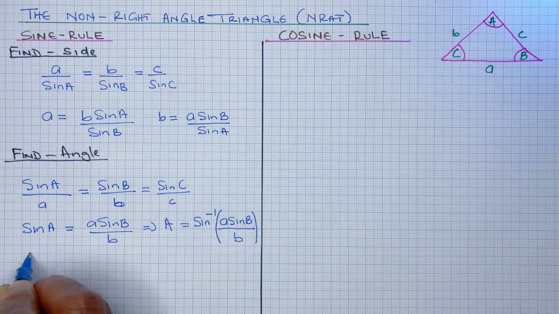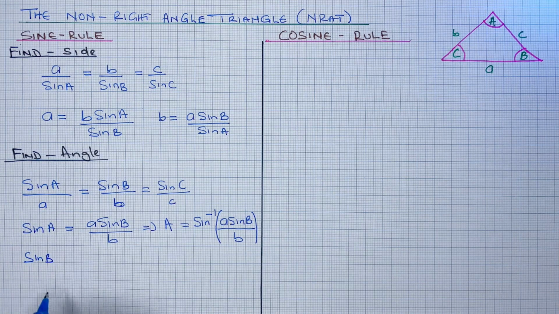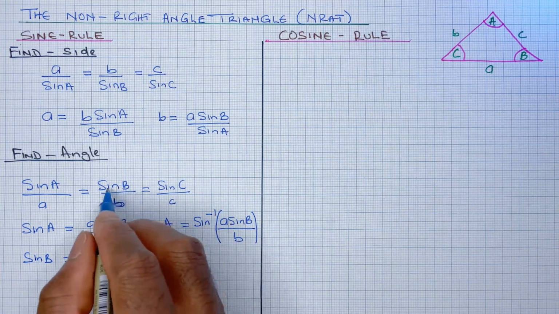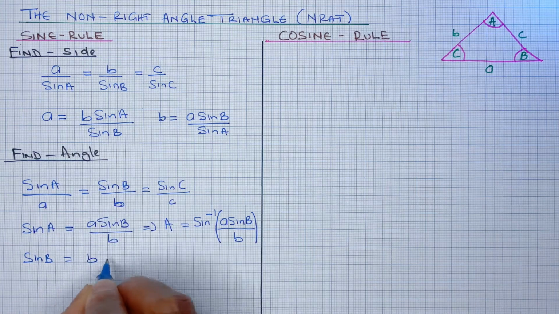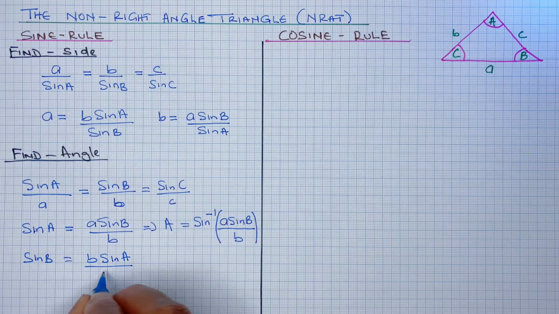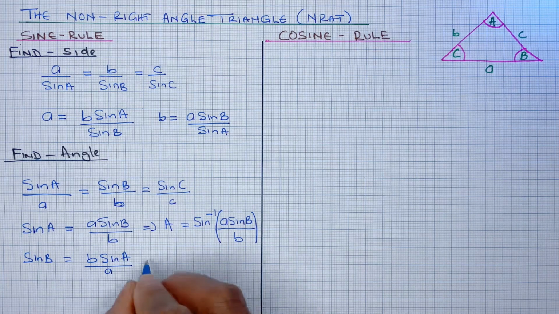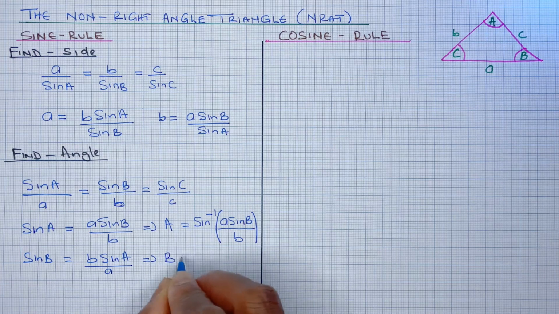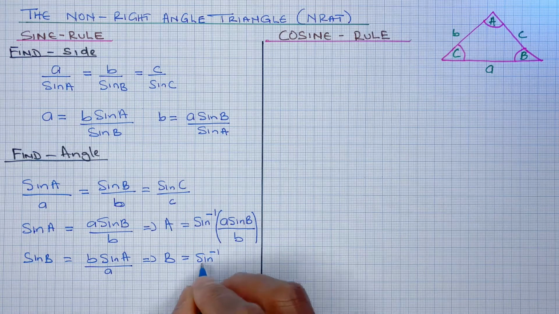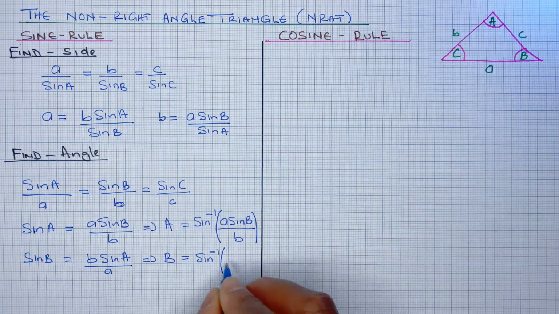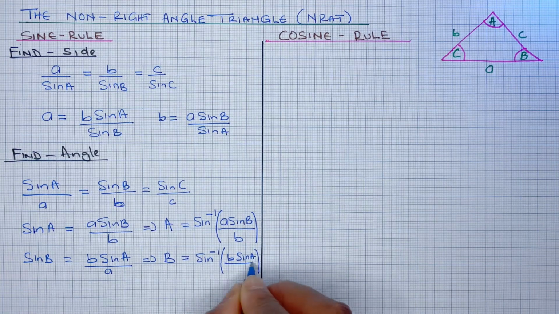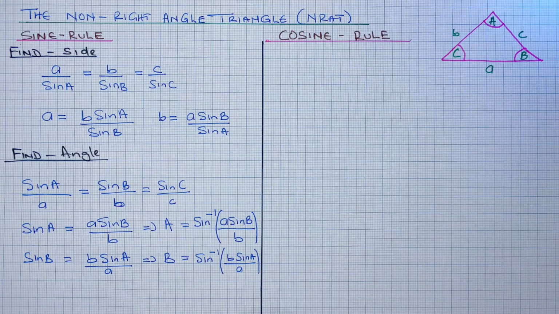So sine B will be equal to b sine A over little a, and that implies B will be equal to shift sine, that means inverse sine, of b sine A over little a. And that's how you find that.